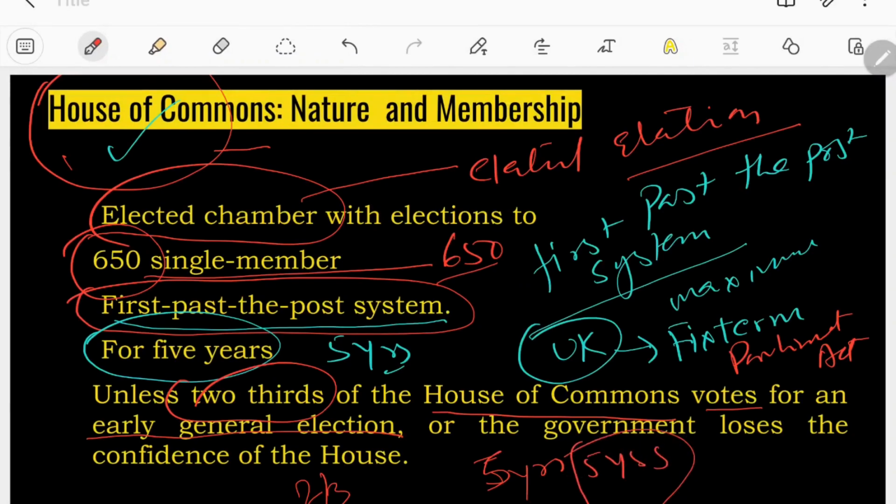But in case the ruling party could not have numbers in the House of Commons, they don't have a confidence, then in that case, by this special resolution of the 2/3 of the members of the House of Commons, they can have the early general election. So this is the way you can see the nature and membership of the House of Commons here.